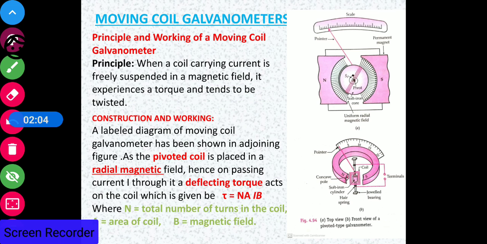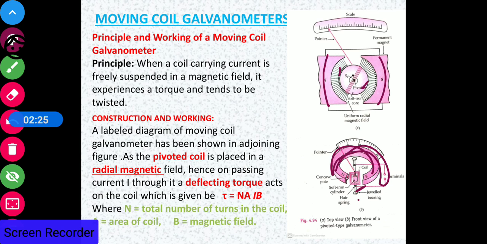Now these are the circular magnets, or the poles of the two magnets, and here this is the cylindrical core, the soft iron core. You can see the soft iron core here.